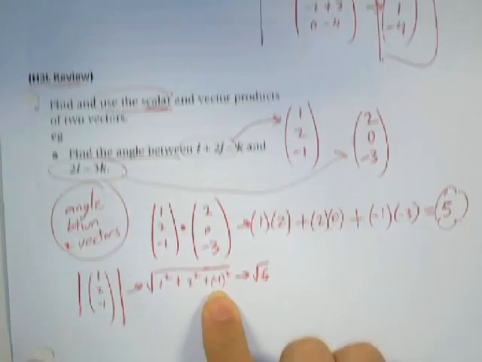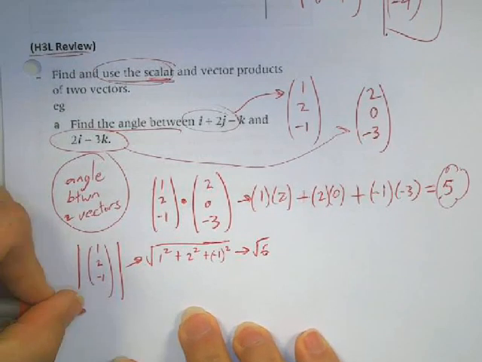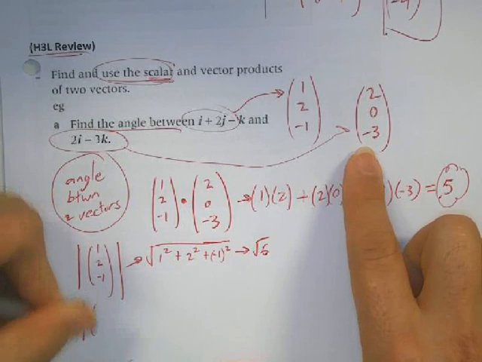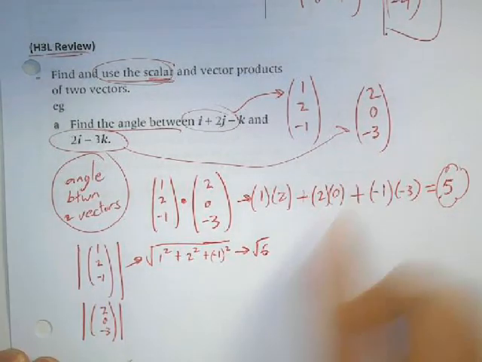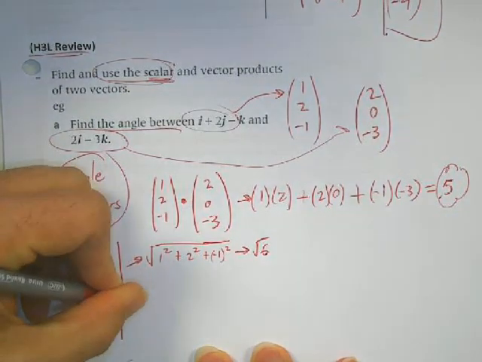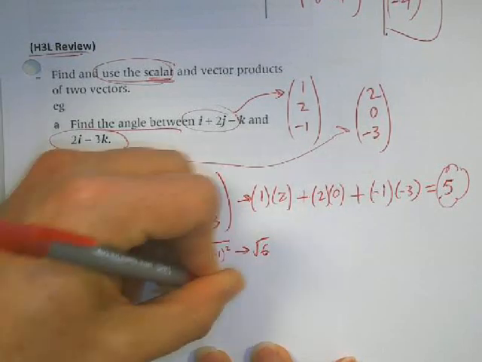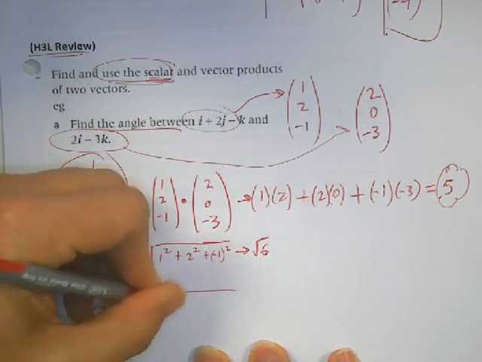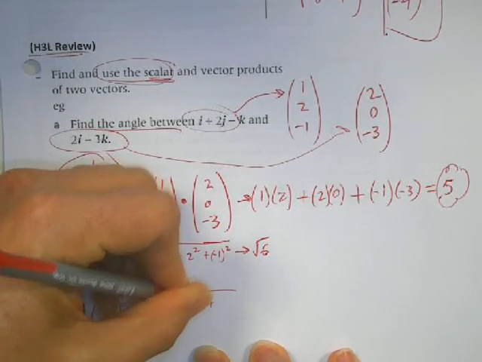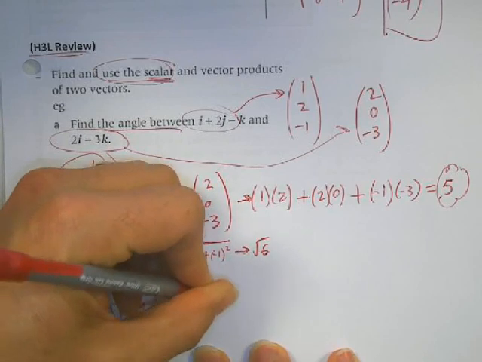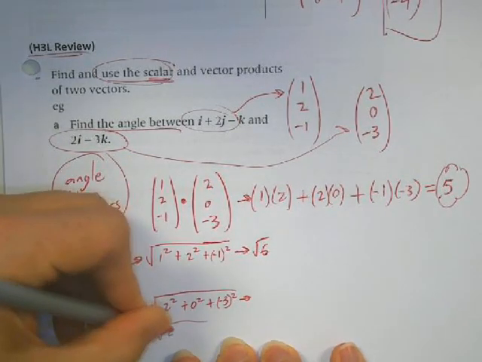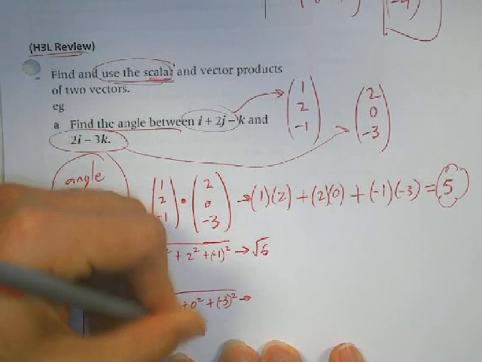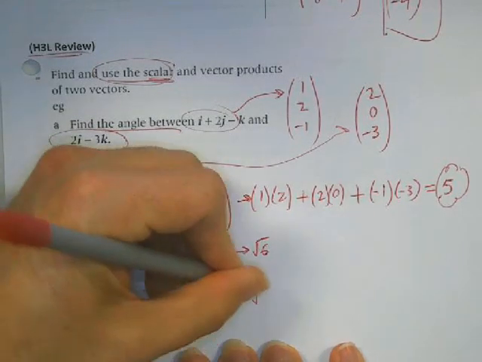And then I need to find the magnitude of 2, 0, and -3. That gets me 2 squared plus 0 squared plus -3 squared. It's going to give me 4 plus 0 plus 9, which is the square root of 13.